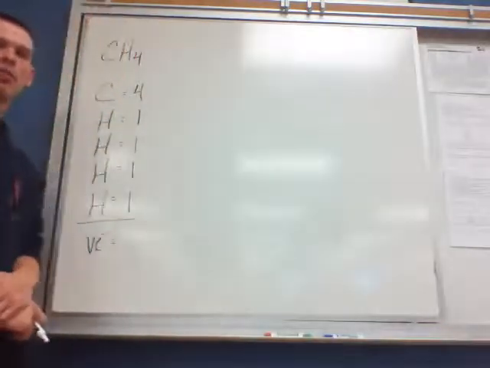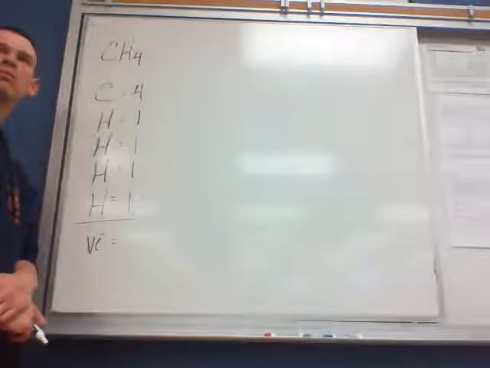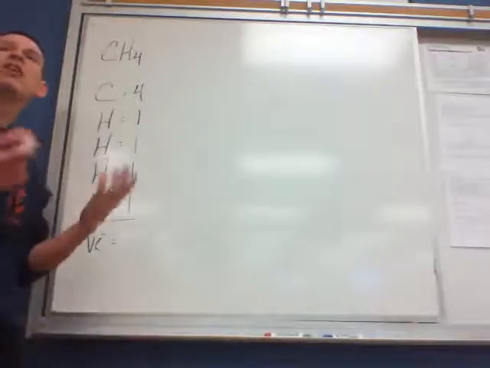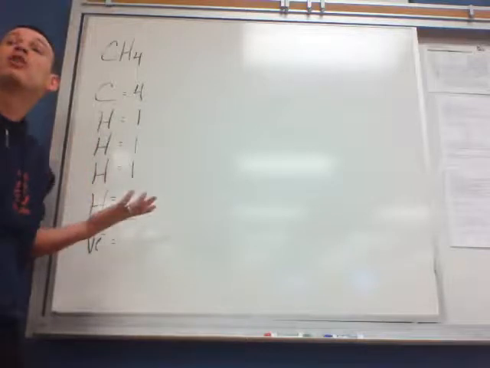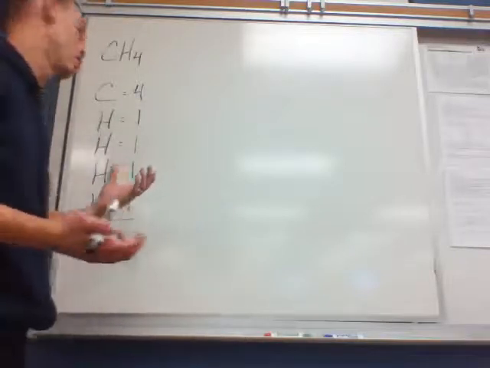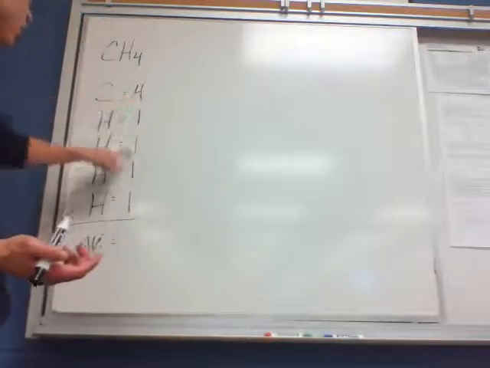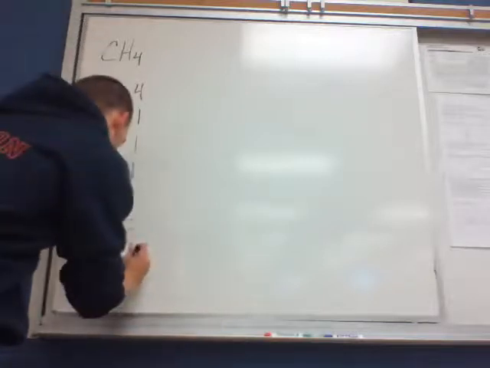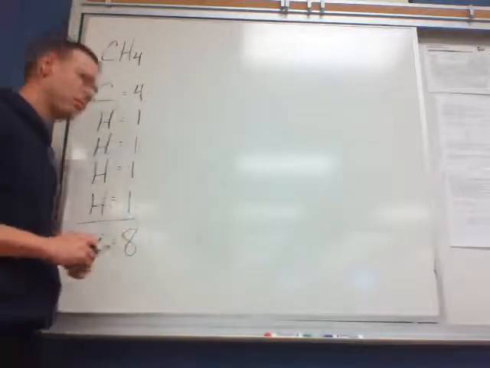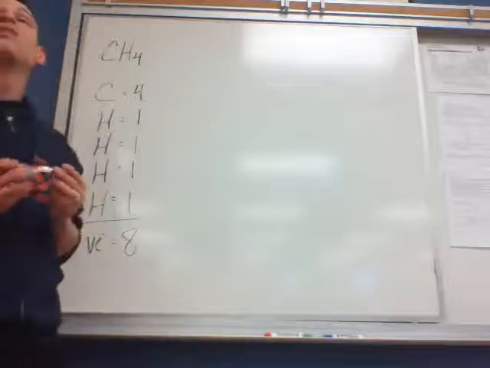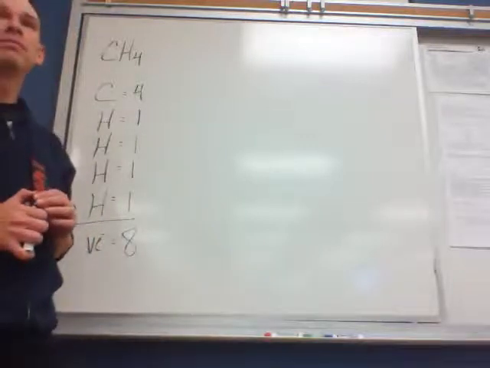Everybody see where I've gotten these numbers from? Now we're still on step 1, which just said how many total valence electrons are in the compound. How many total? Yep, we've got 8 in this one. So we've done step 1.